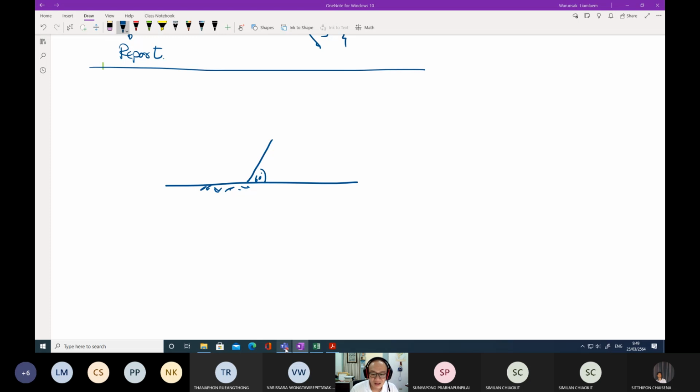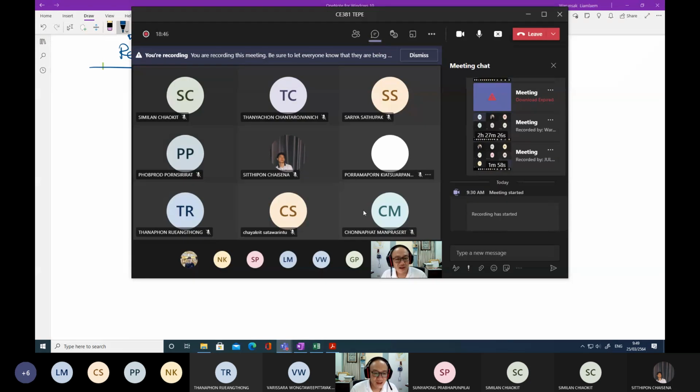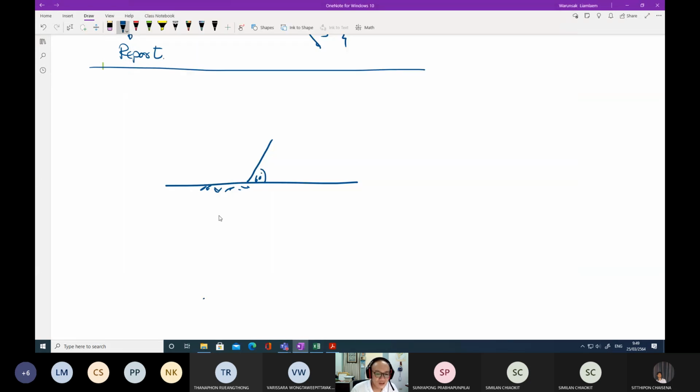So I'm sharing the screen right now, and hopefully you are seeing the OneNote application. Okay, so this is the water level. As I told you, if we put anything in the waterway, it always creates some head loss, just like in the case of a pipeline.